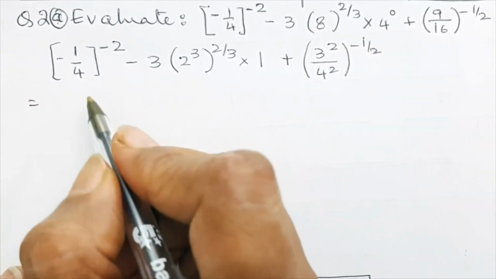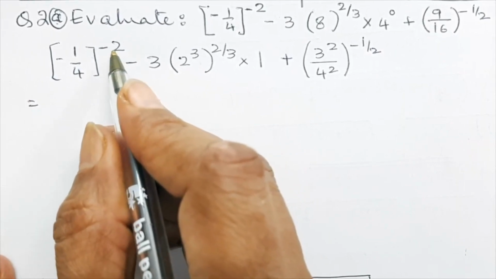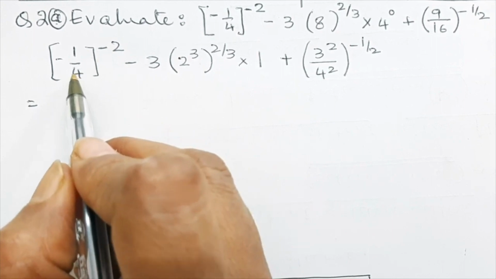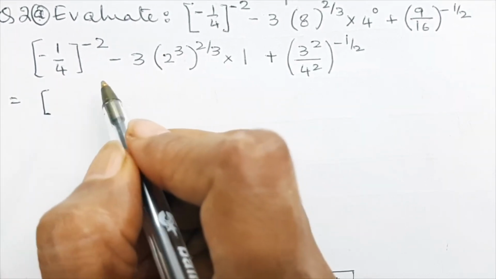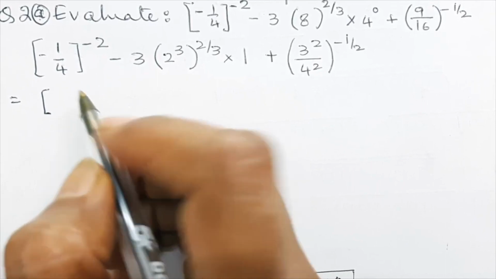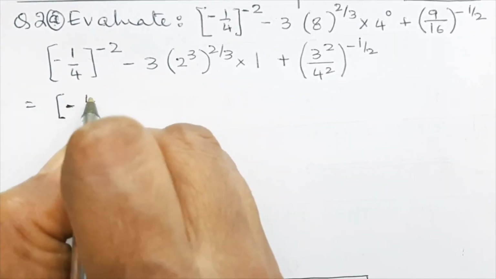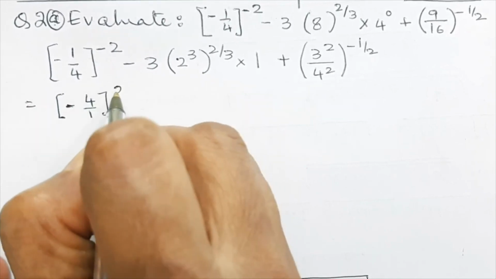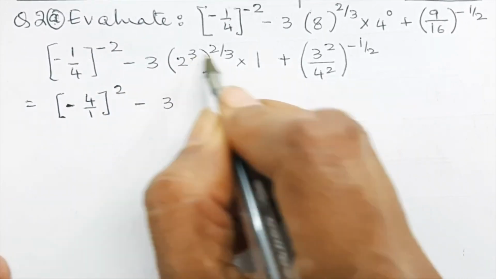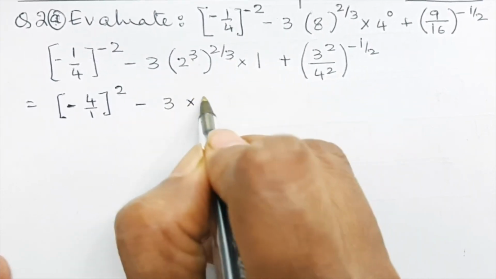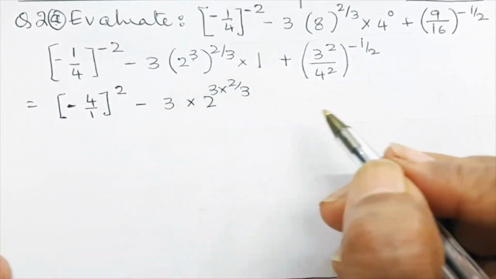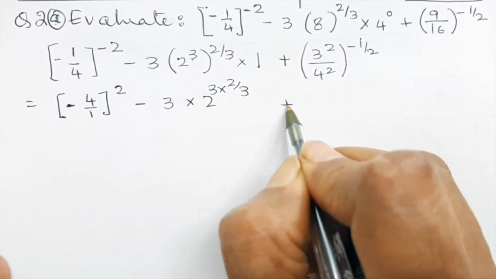That is equal to, now we are going to make this negative power into positive by making a reciprocal of this, because x to the power minus m will be 1 upon x to the power m, right? So it will be minus 4 upon 1 to the power 2 minus 3, and now this and this will multiply, so we will write it like so. This multiplied by 1 does not make any difference.